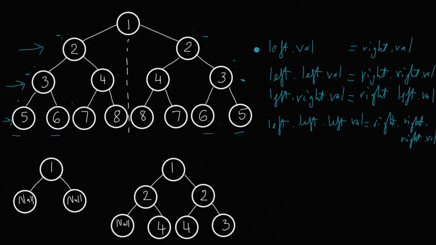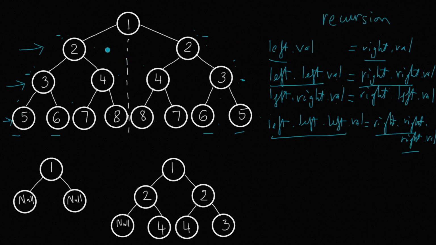Notice that when we go down each level, there are similar patterns that are repeating themselves. Look at left, then left.left, then left.left.left. Similar to this side, we have right, right.right, right.right.right. In this case, the best solution would be using recursion.